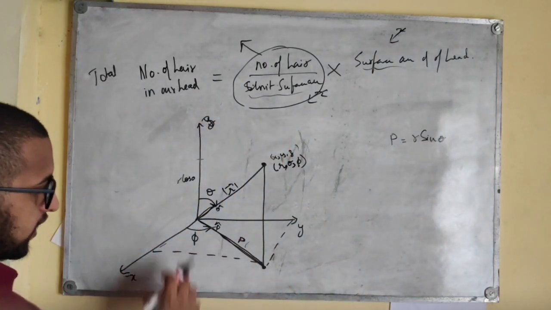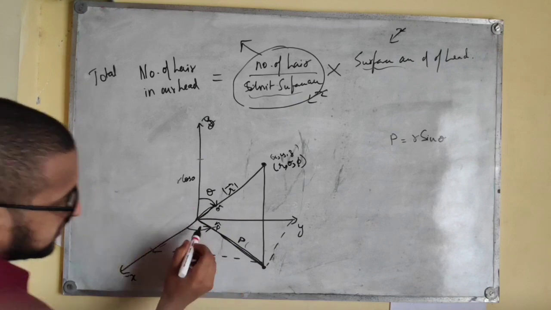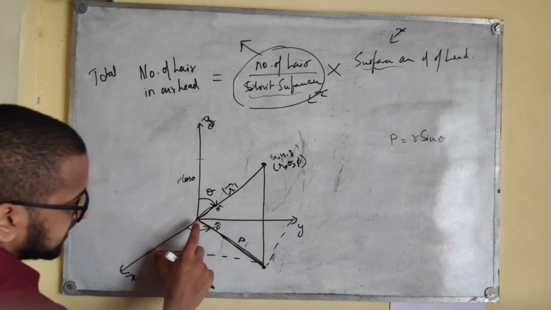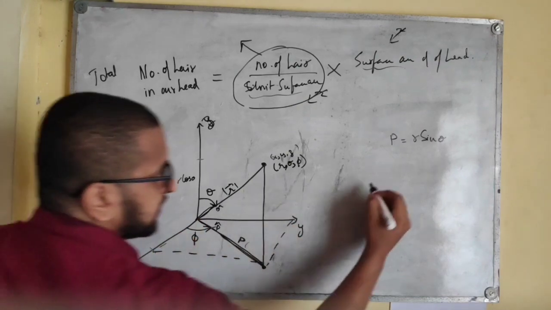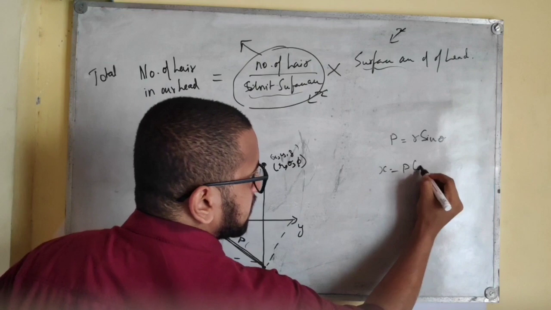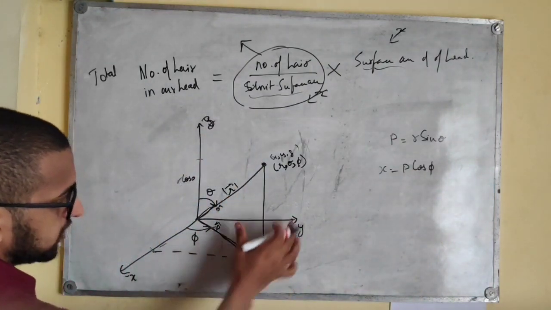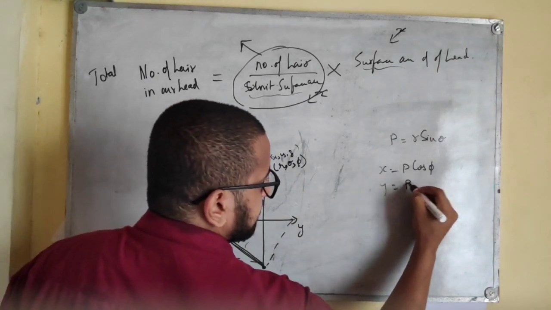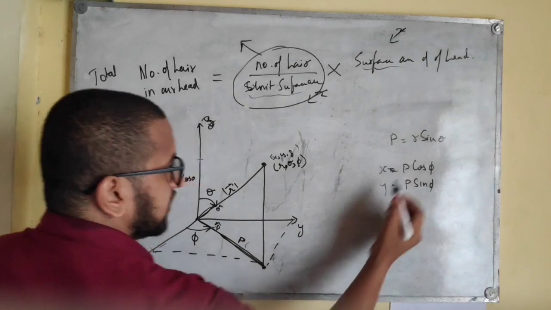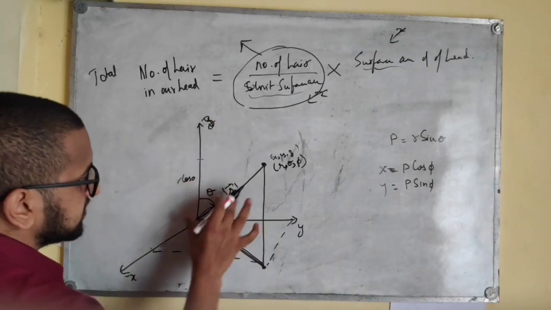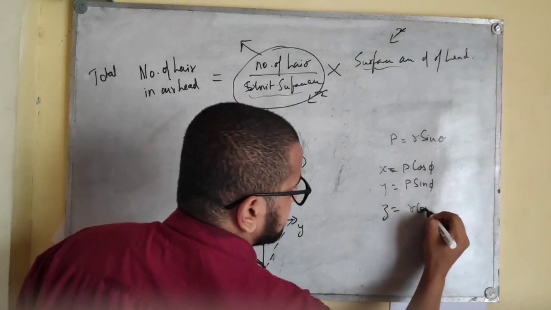Now we want the x distance. This is going to be p, and the distance from this point to this point is going to be p cos phi. So x is going to be p cos phi, and y is going to be p sin phi. This is basic trigonometry. And z is nothing but r cos theta.